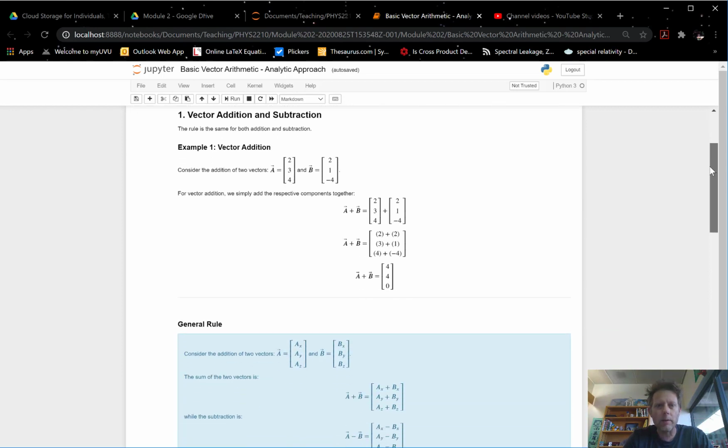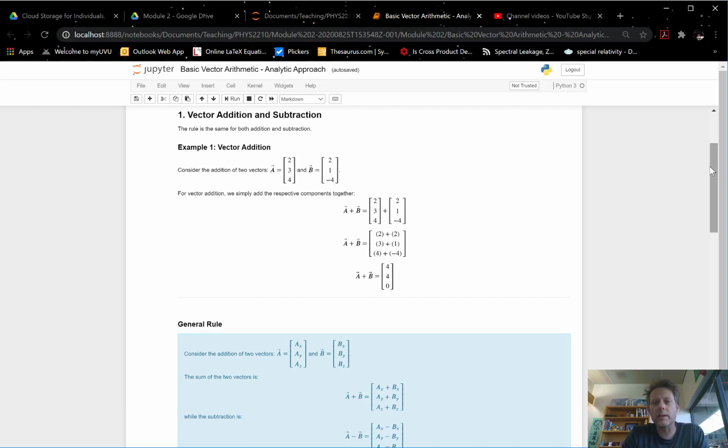So let's start with vector addition and subtraction. And the nice thing about this is, when we write vectors with x, y, and z components, if you think about an x, y, z coordinate system, then those axes are perpendicular to each other. And this is really a key from linear algebra. It means that those directions are what we call linearly independent.